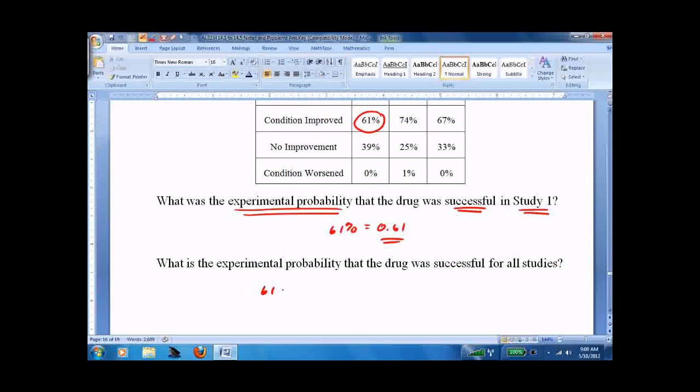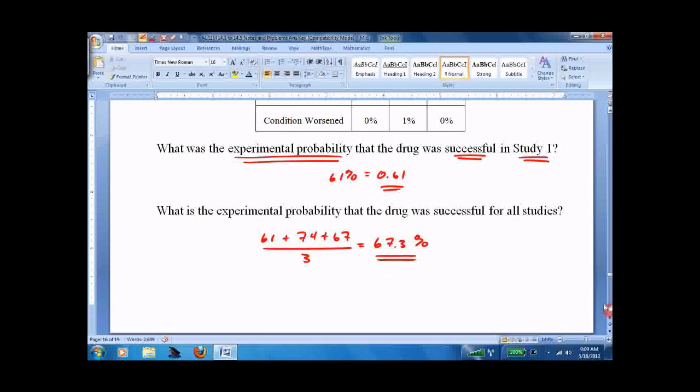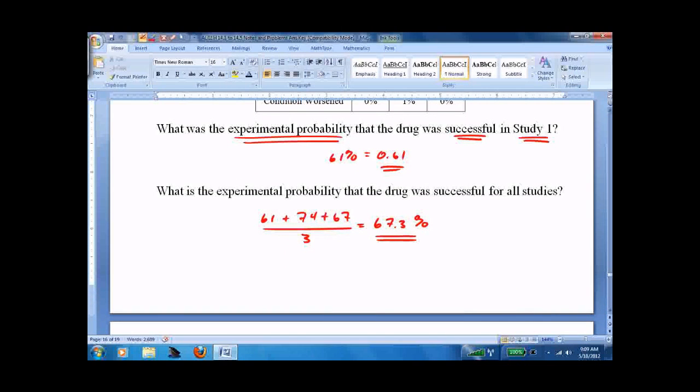So 61 plus 74 plus 67 all over 3 equals 67.3%. That's just the experimental. Still didn't match up with the theoretical, but at least we have a general idea.